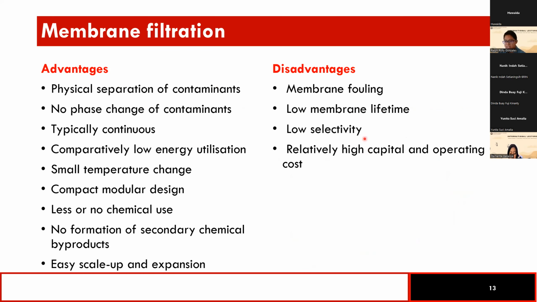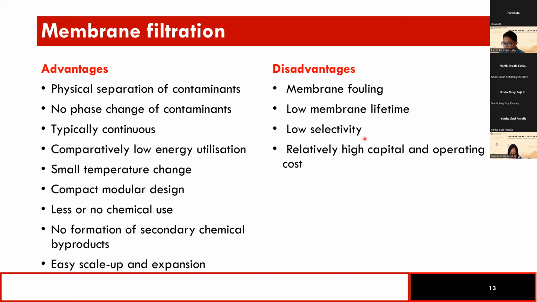Here are the advantages and disadvantages of membrane filtration. So among the advantages of membrane filtration are the following. There is no physical separation of contaminants, and there is no phase change of contaminants. So we don't have to boil water.